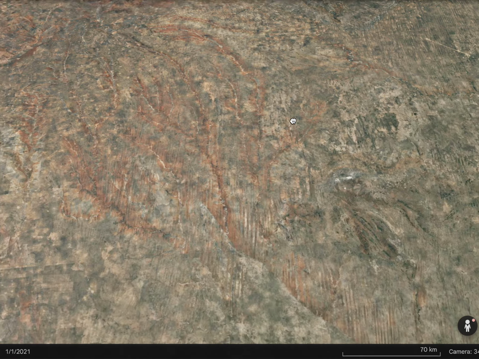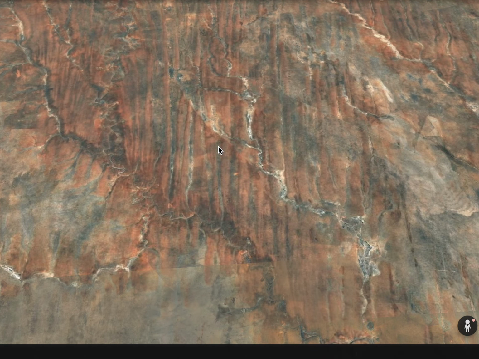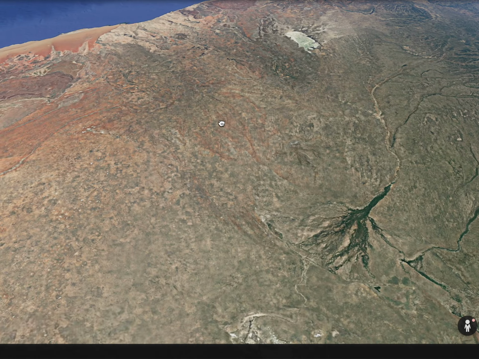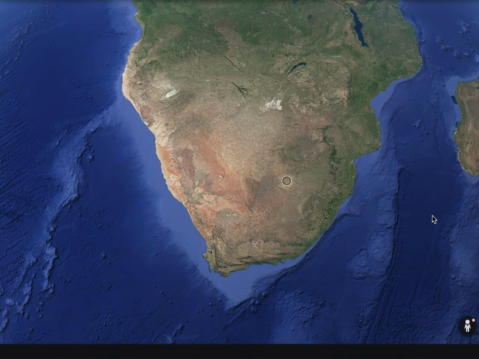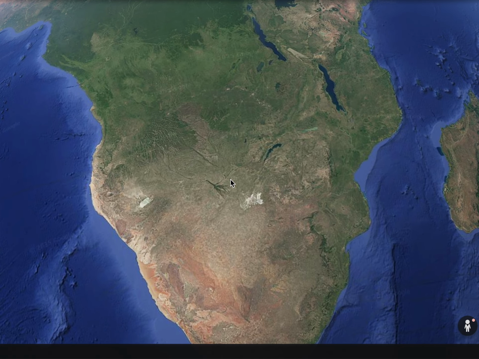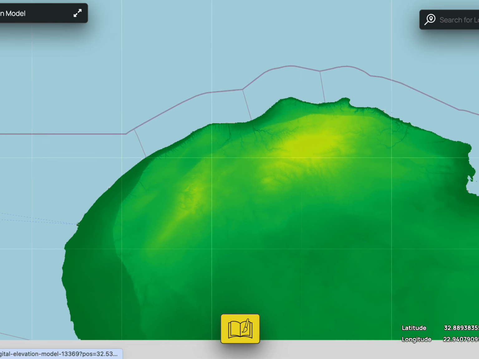There should be some more here. You can barely see drumlins here. You zoom in, you find them a little better. Let's see what I want to talk about here. Let's go to the elevation model, see what we can find.